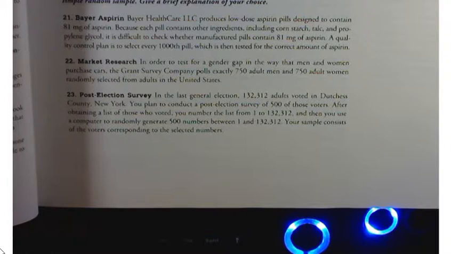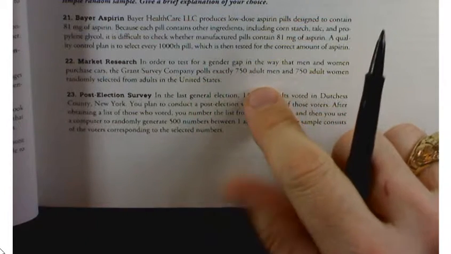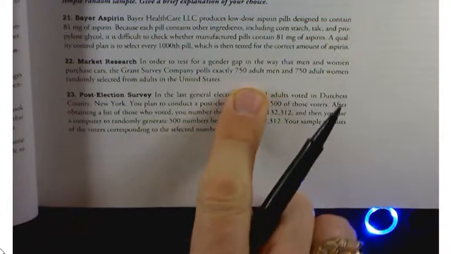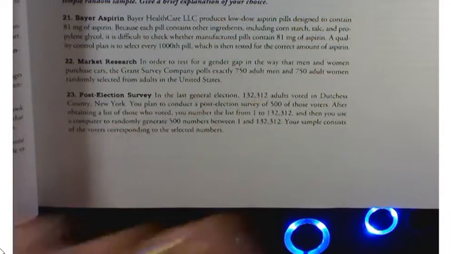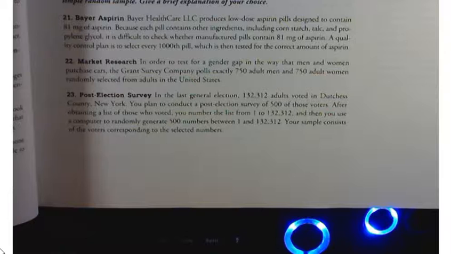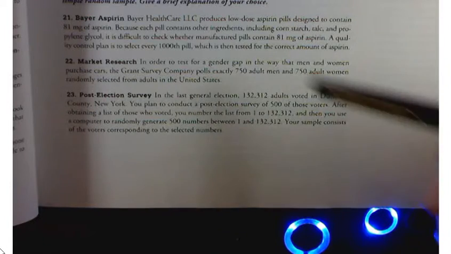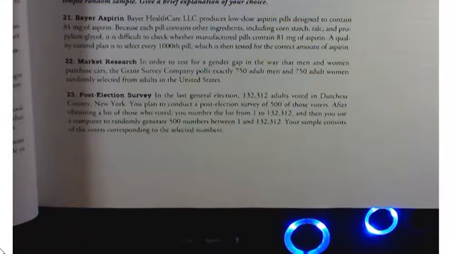So it might be a random sample within the strata, but the overall method itself doesn't strike me as being a simple random sample. It'd be highly unlikely, if you're doing a completely random sample, to get exactly 750 women and exactly 750 men out of 1,500 people surveyed. So that one's not a simple random sample.